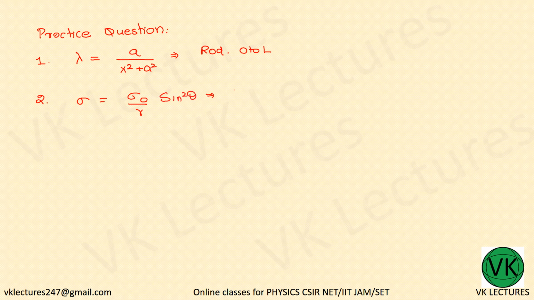This is a disk of radius capital R. Third one, we have the three dimensional case for a cylinder, where rho is equal to k by r sine squared phi. This is a cylinder of radius R and length L.